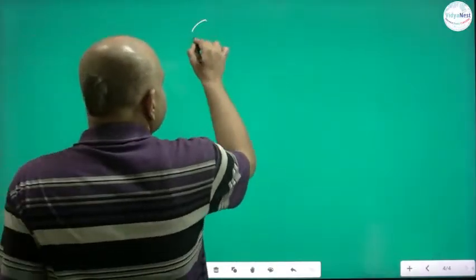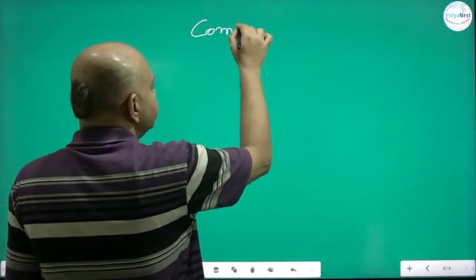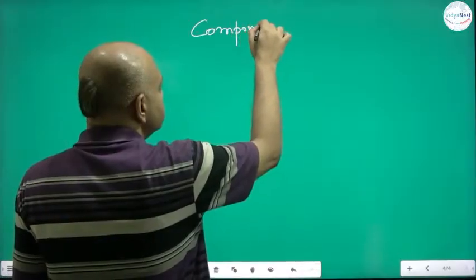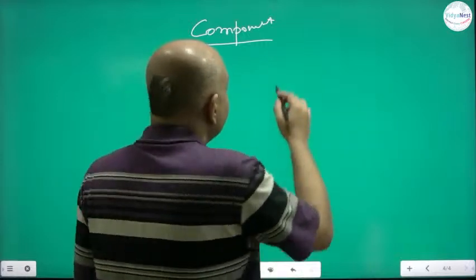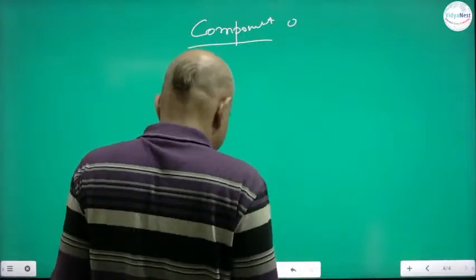So that's why we are going to implement one of the most important concepts, that is the component of vectors.